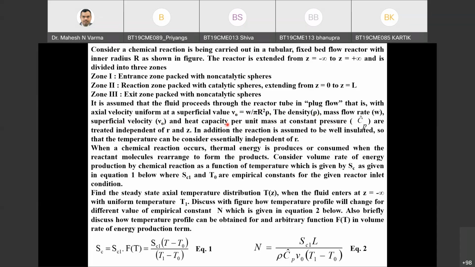The heat capacity per unit mass at constant pressure. You should always represent this as Cp; in whatever topics we consider, if Cp is there, it will be per unit mass.